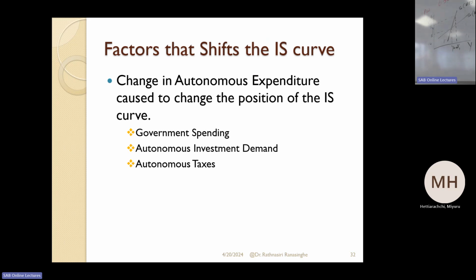In the same way, we can discuss the factors that shift the IS curve, that is, its position. The position mainly depends on three factors: government spending, taxes, and investment. All these factors are autonomous, and all autonomous expenditure shifts the IS curve.